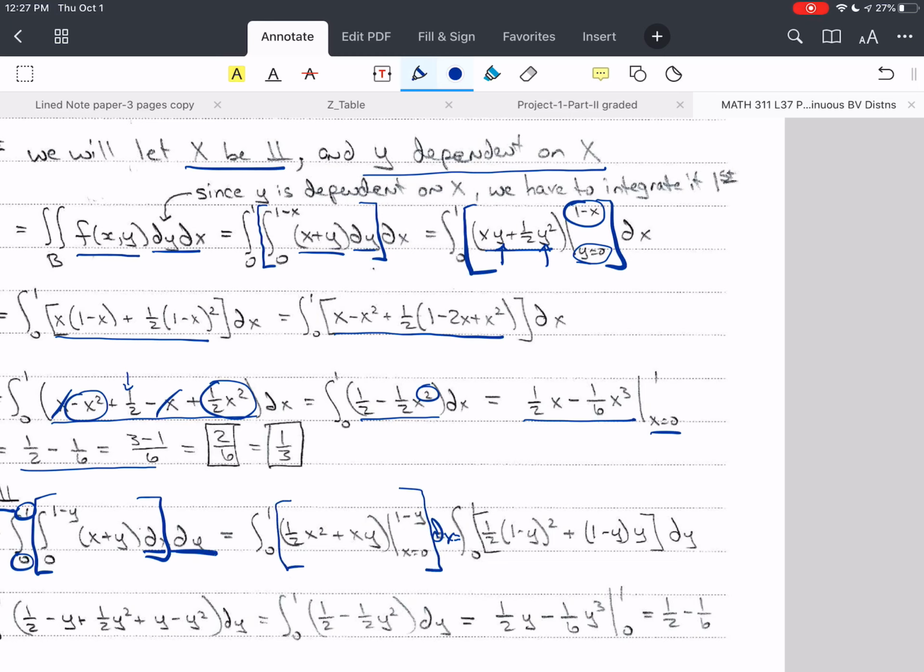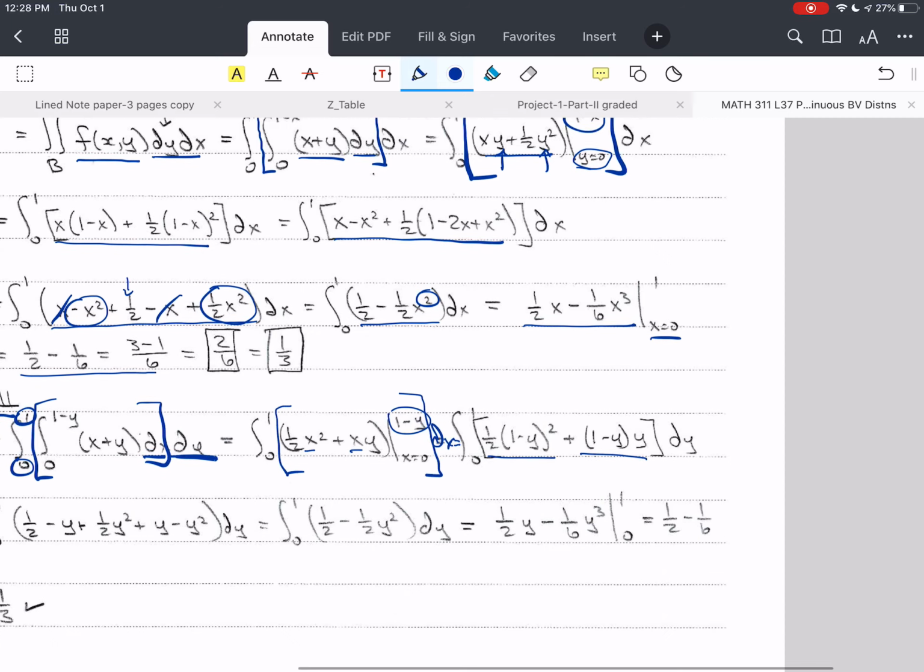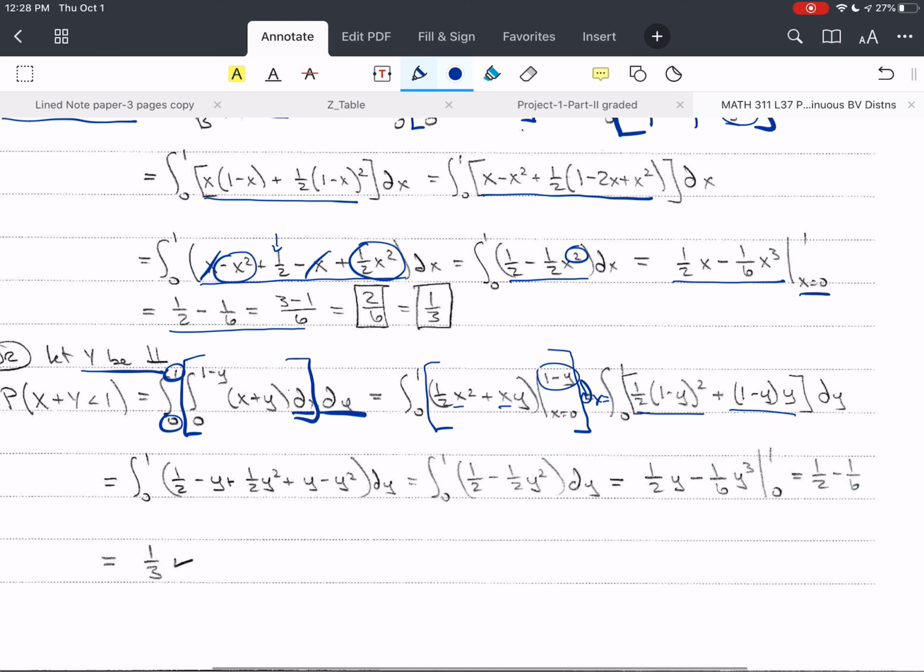So I need to evaluate that before I do my next integration. So I plug in for 0. Both have an x, so that's 0. So I simply plug in 1 minus y for x. So 1/2 1 minus y squared plus 1 minus y times y. And simplify that, and I get the integral. Oh yeah, and this was not dx up here. This was dy.